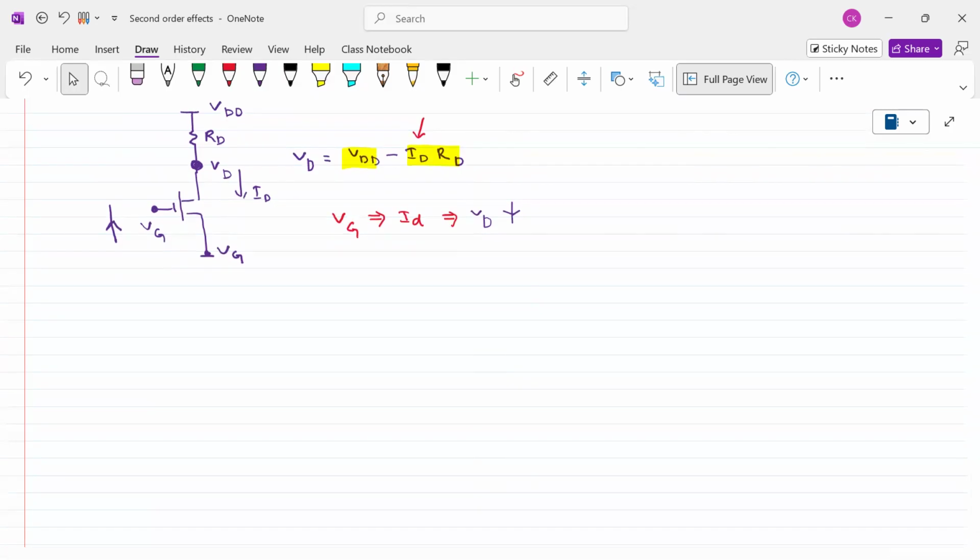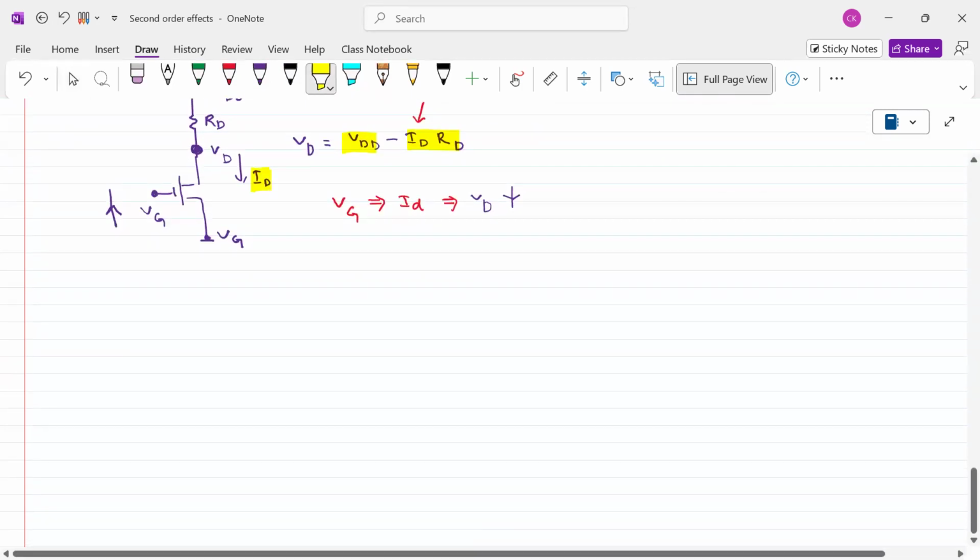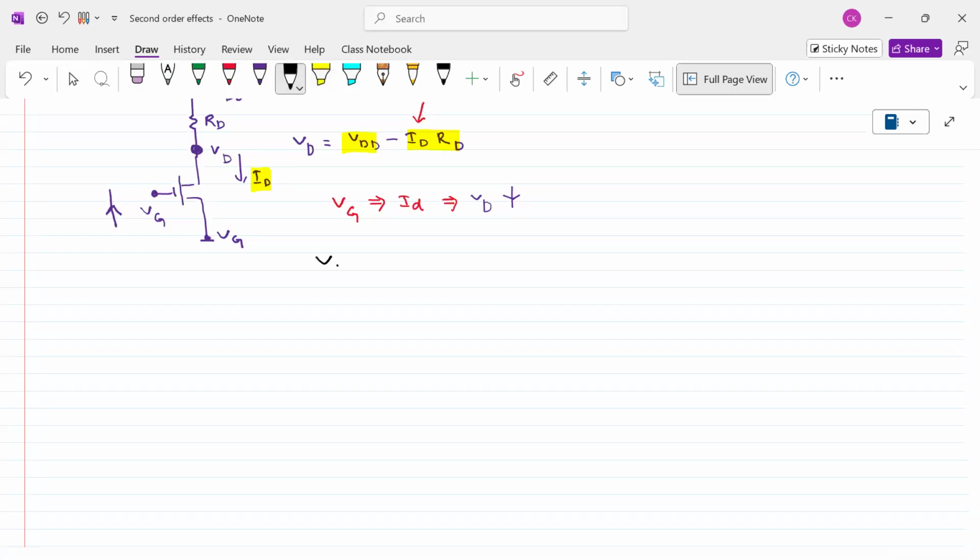For example, if somebody gives the ID equation, the saturation current equation, what is the VGS that we have to apply to get that ID? That means they have given the ID current. What could be the VGS to get that ID?